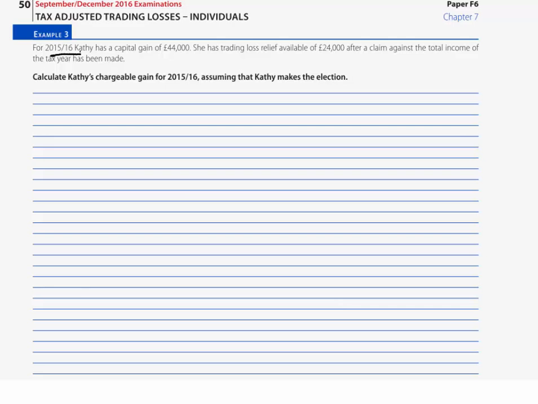So in 2015-16, Kathy has a capital gain of £44,000. She's got trading loss relief available of £24,000 after a claim against the total income of the tax year has been made. Remember, to access this relief, you must firstly have made the maximum possible claim against total income of the tax year for which you wish to make the claim.